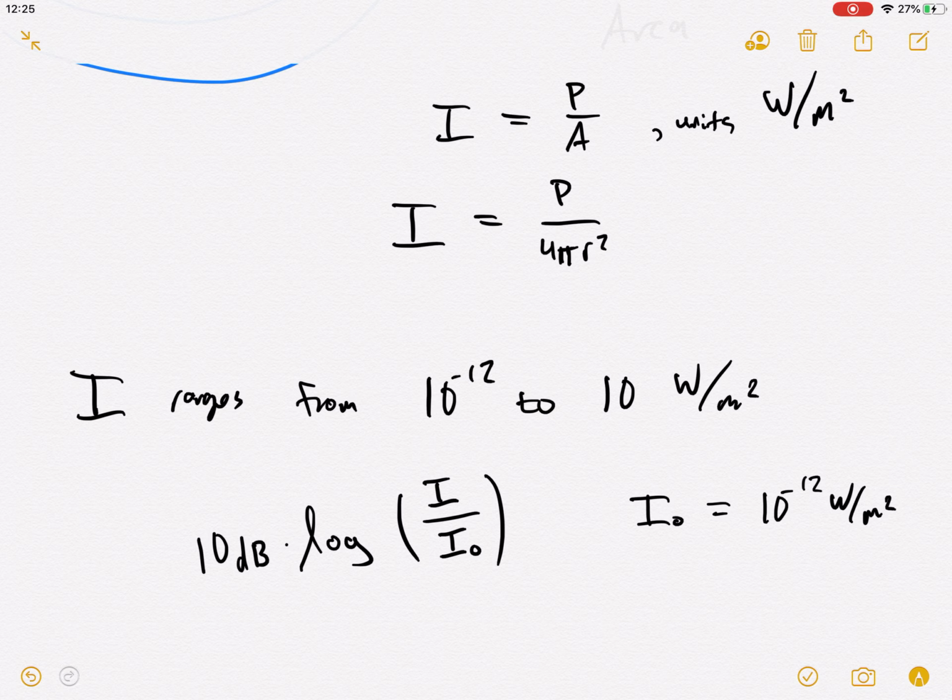Now a decibel is not an SI unit. You can't convert from a decibel to like a meter per something. Does that make sense? Intensity is the thing that you can relate to meters and kilograms and seconds, but a decibel you can't relate directly to those. It's just a scale that helps us deal with stuff. And again, this is sound intensity level.